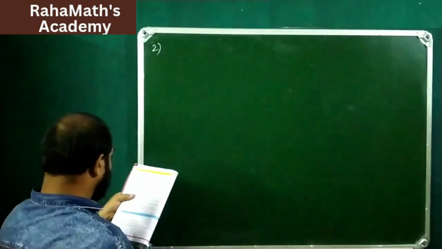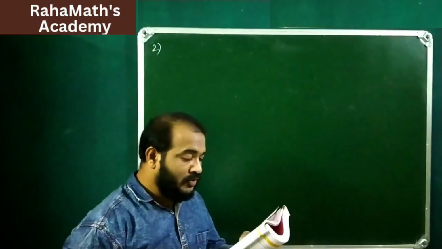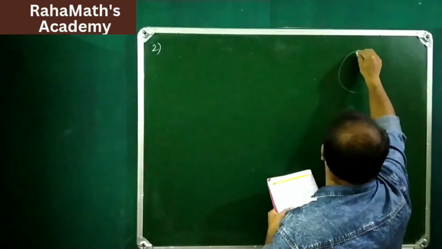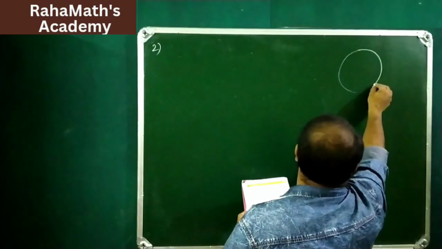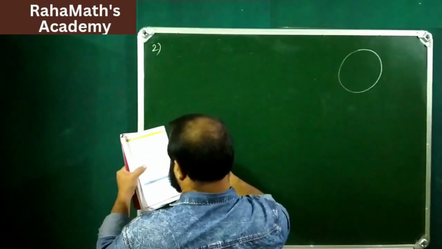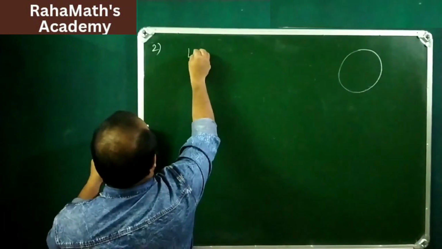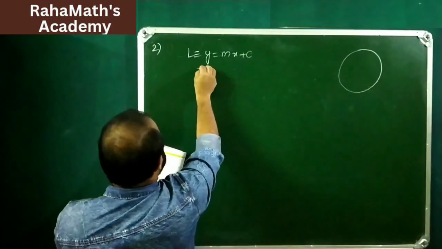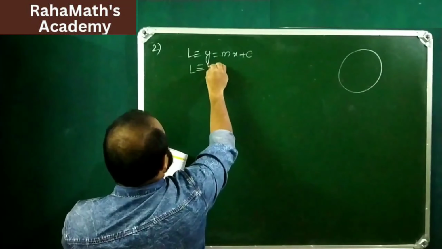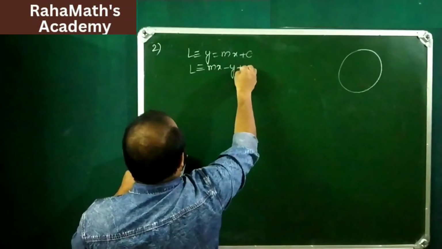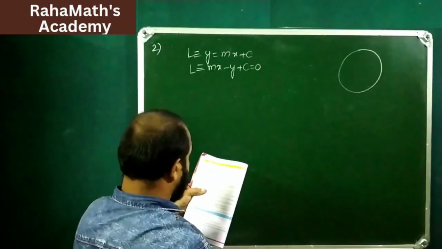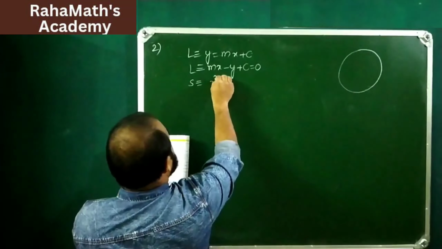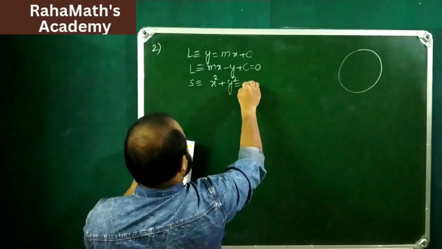The second question: the line y equals mx plus c and the circle. So the line L, y equals mx plus c. If you write this in order, L is mx minus y plus c equals 0. And the circle S is x squared plus y squared equals r squared.